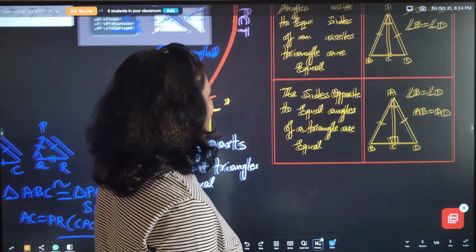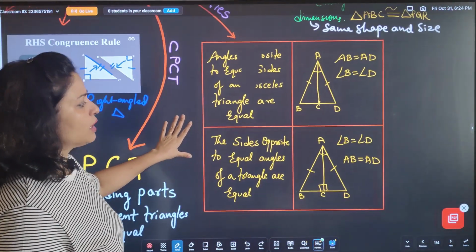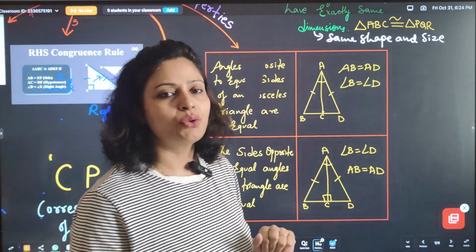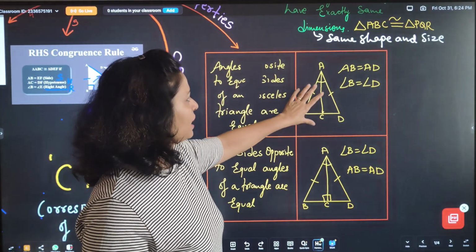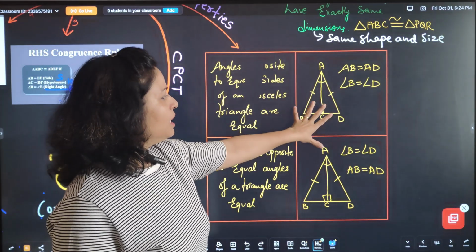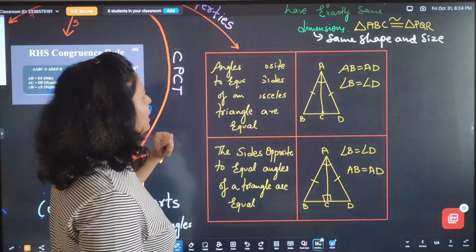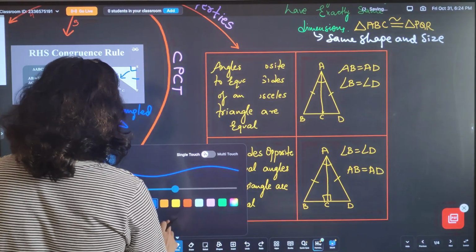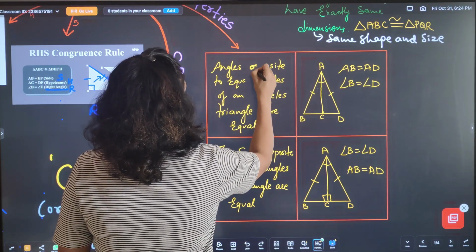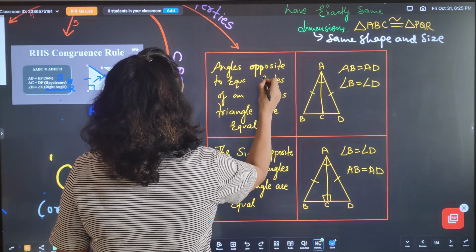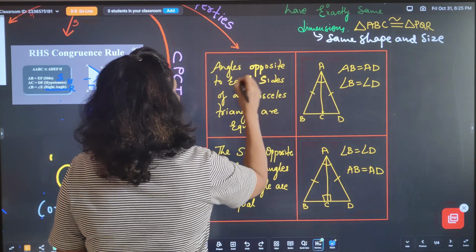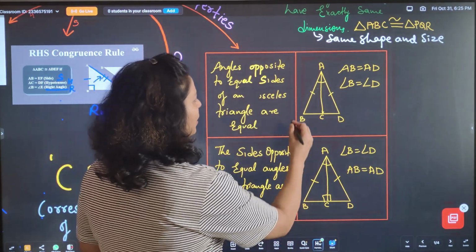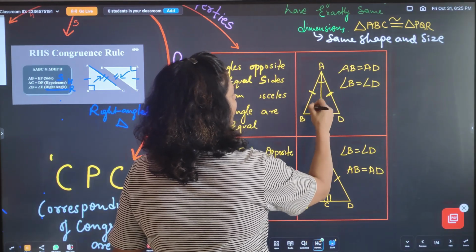Lastly, I also explained the theorems. There were 2 theorems related to isosceles triangles. As you can see here, ABD is an isosceles triangle. The first theorem says that angles opposite to equal sides are equal. Here, the equal sides are AB and AD.